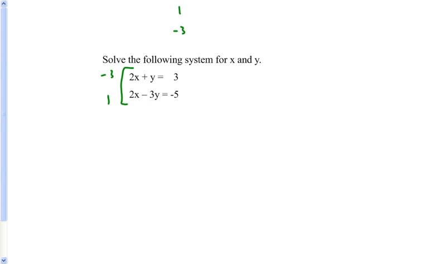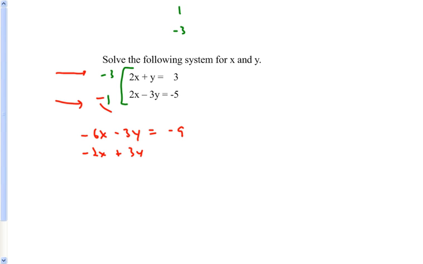So to make them zero out, I'm going to swap them around and change the sign on the bottom one. I'm going to swap them around and subtract the bottom one. I do that by changing the sign. So multiplying across, -6x, -3y equals -9. Multiplying across, -2x, positive 3y.